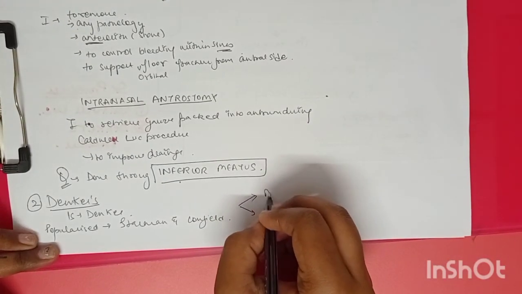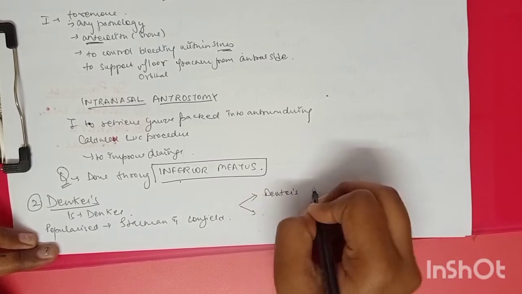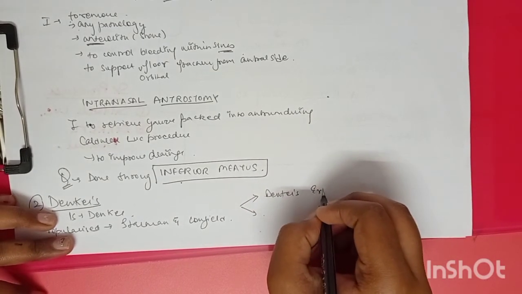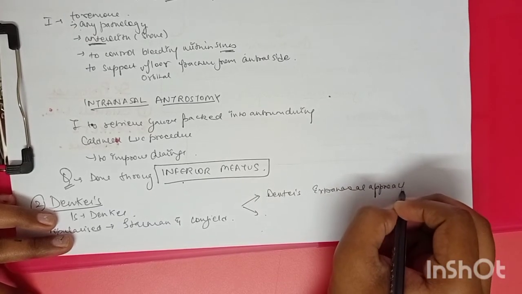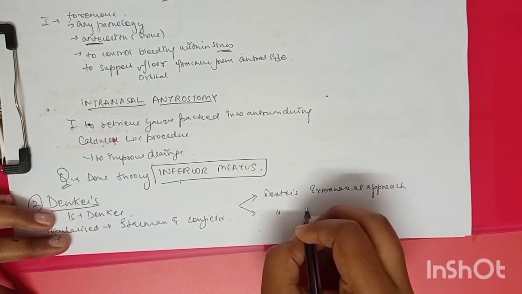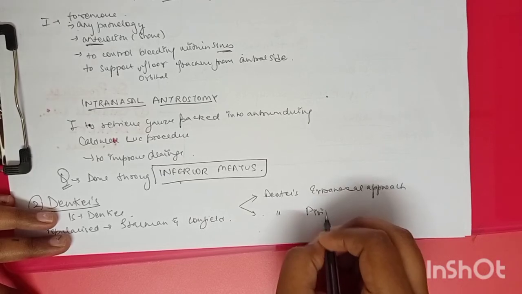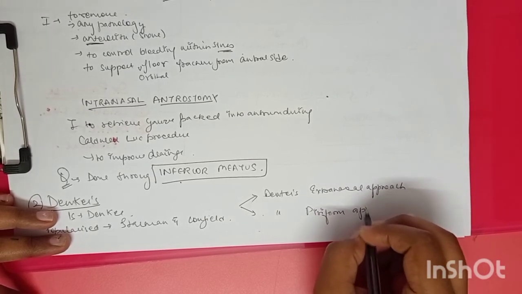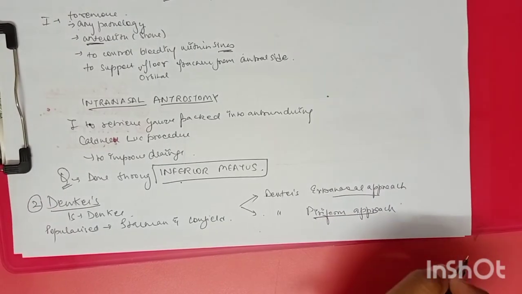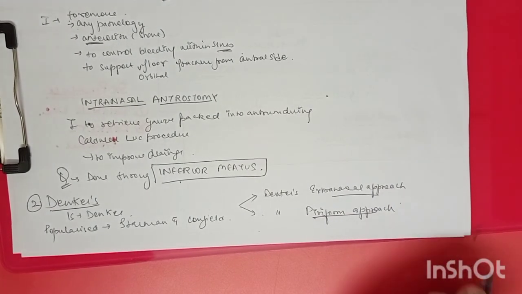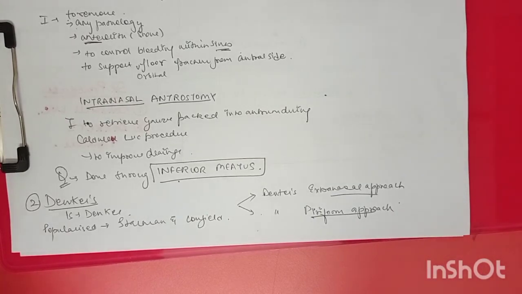That is your Denker's extranasal approach and Denker's piriform approach. Two approaches. That's all about the maxillary sinusitis. Thank you.